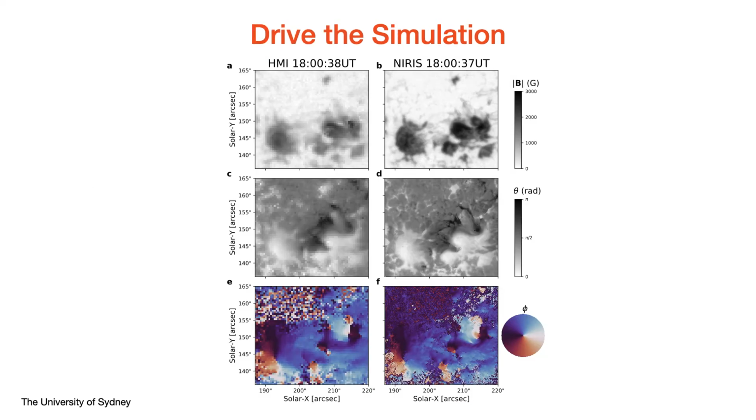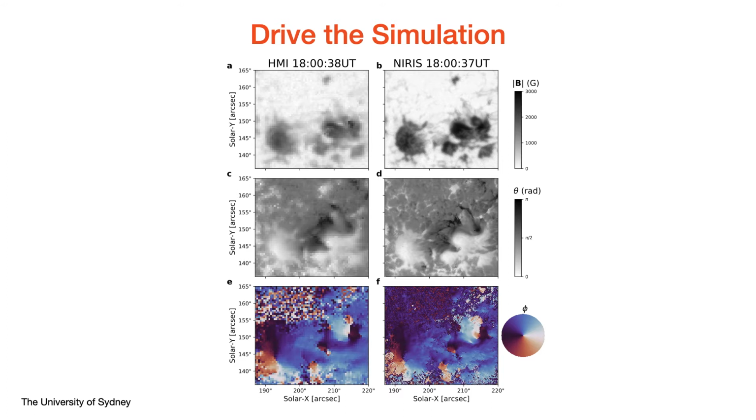We inverted the vector magnetogram from the Stokes 4-component profile from the data measured by NIRIS at BBSO using the Milne-Eddington model. This image shows a comparison of the results from HMI and NIRIS data in the same region at a very close time.